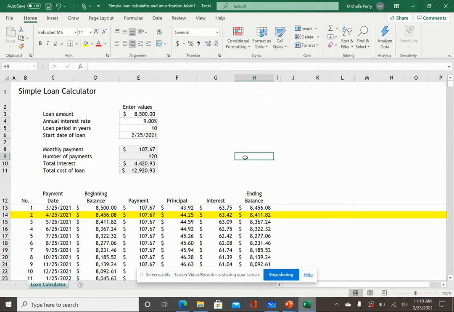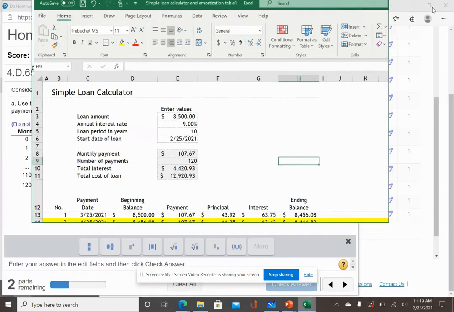However, the principal will gain some money, $44.25. The interest amount becomes $63.42, and then that ending balance should be $8,411.82.